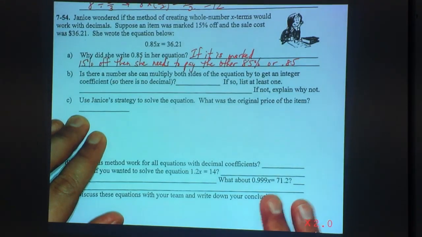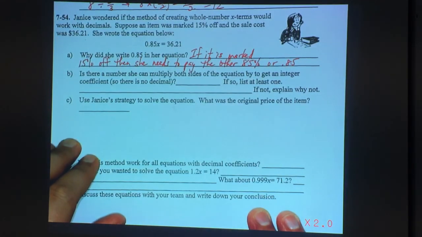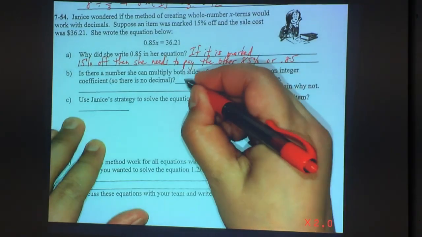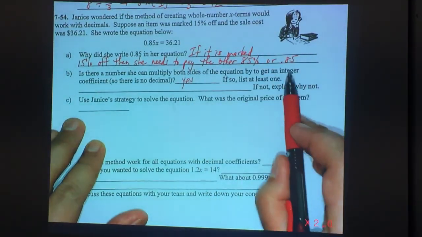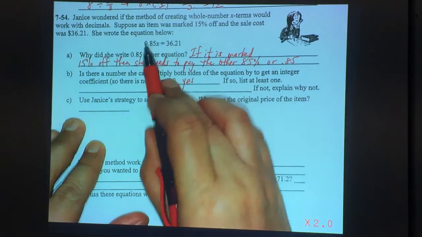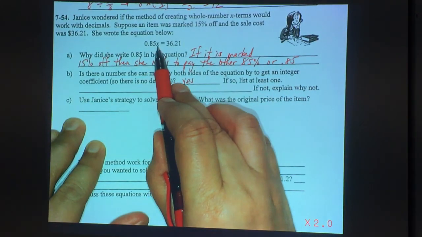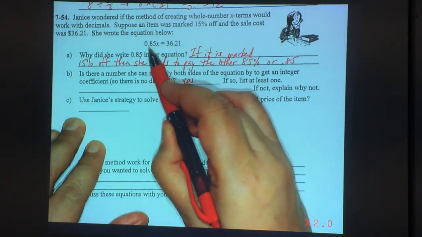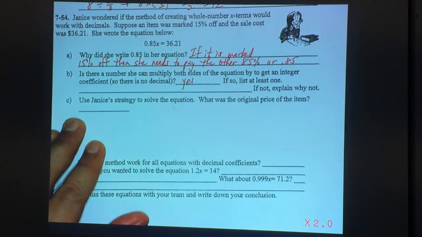All right. Is there a number that she can multiply both sides of the equation by to get the integer coefficient so that we get rid of the decimal? Yeah. If I want to get rid of this decimal that's attached to my x, because that's the coefficient of x, how many places do I need to move it? 1, 2. And if you want to move a decimal 2 places to the right, that's the same as multiplying by 100.